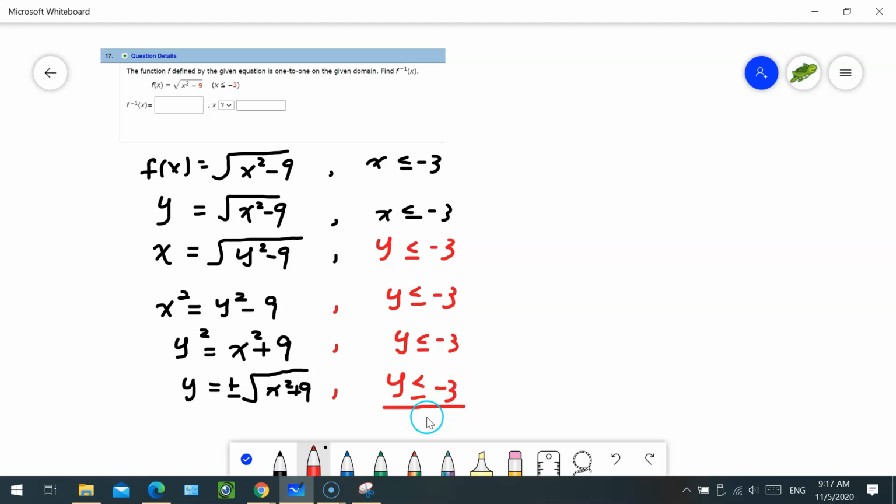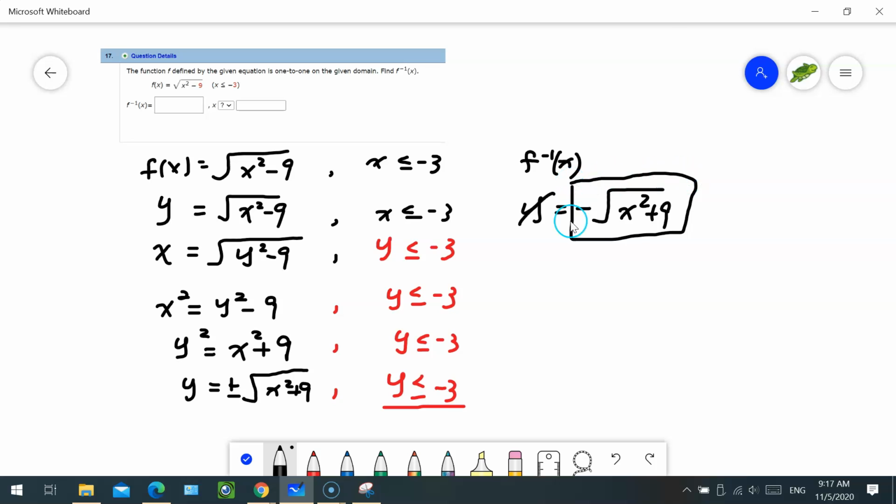Since the y gives us the restriction already, we can only pick y equal to the negative root of x squared plus 9. So this is the inverse of the function f of x. We only pick the negative output because the y has given us the indication. We can only take the negative y value.